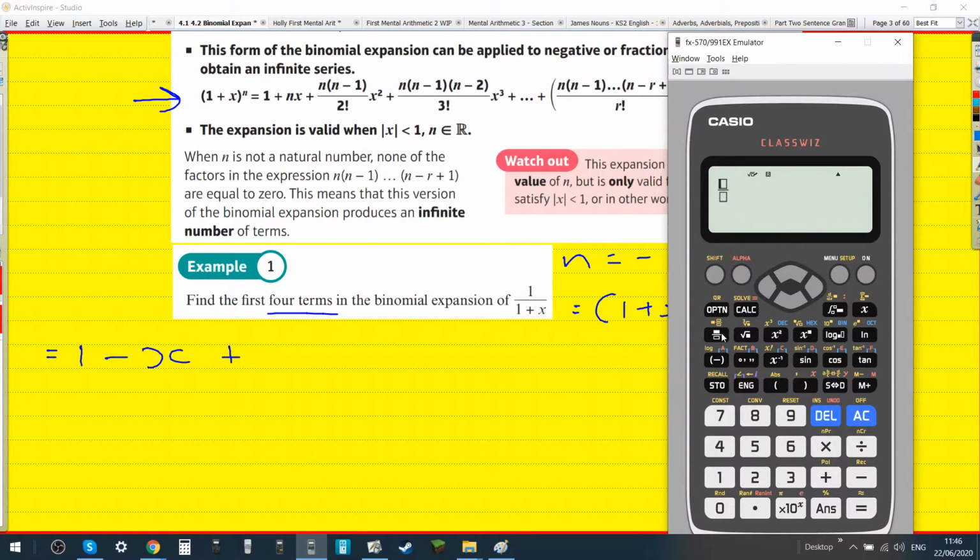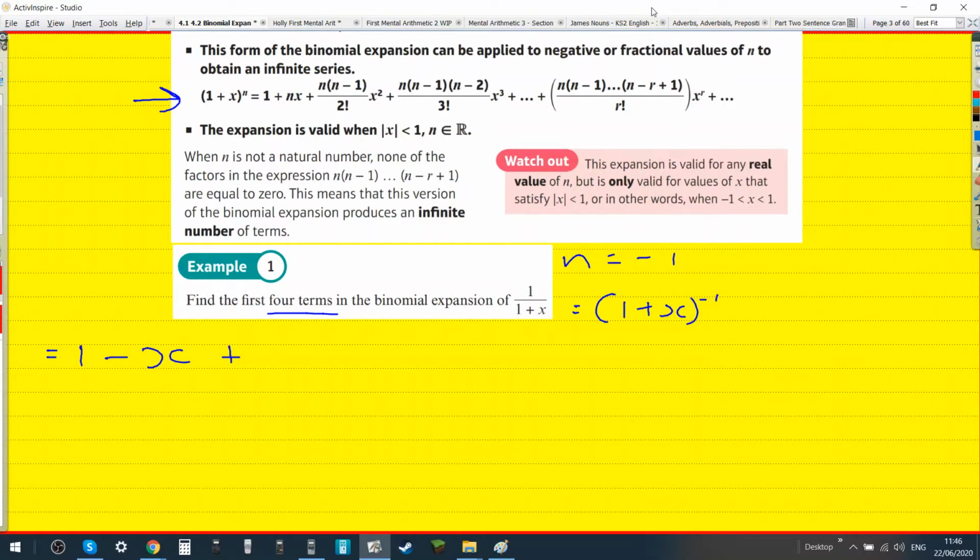Any idea what that is? And then plus minus 1 times minus 1 times minus 1 minus 2 over 3 factorial x cubed.